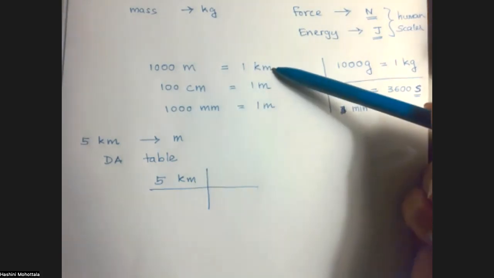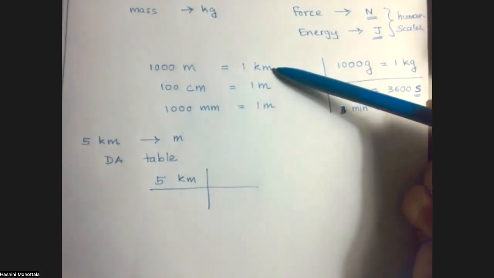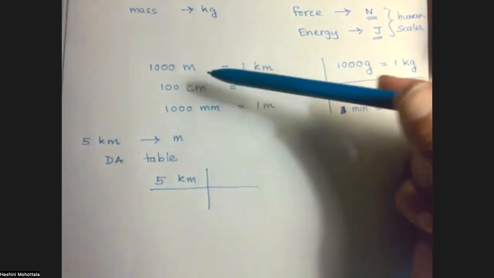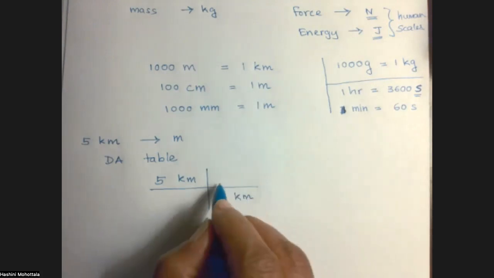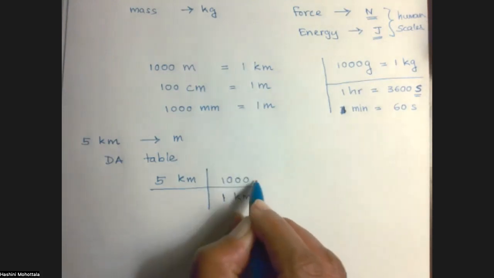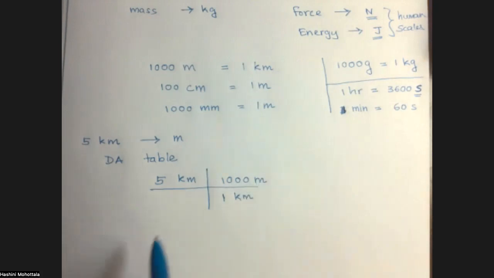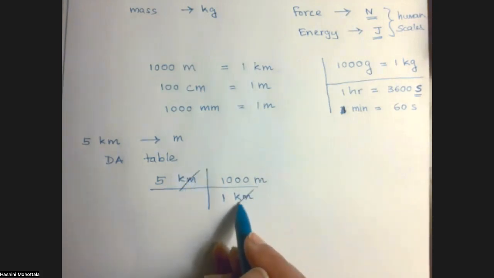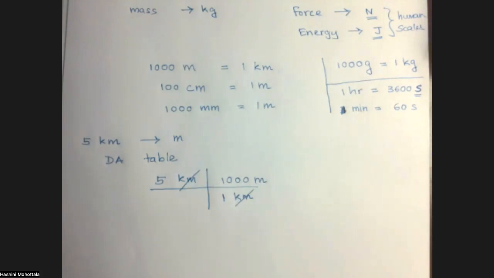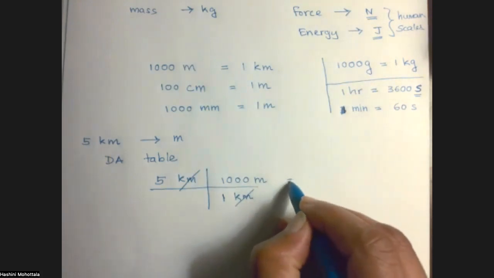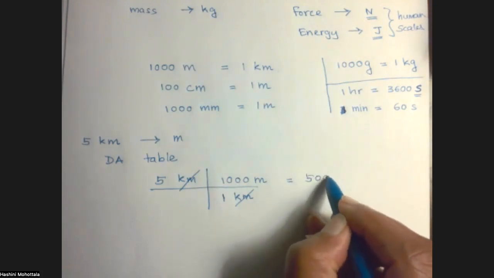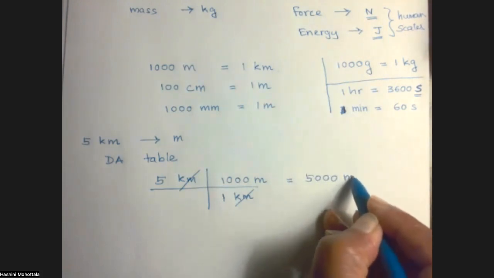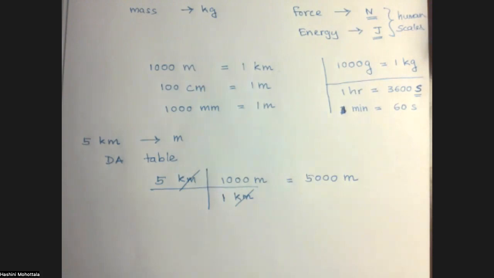We check the relationship between kilometers and meters, and here you can see 1 kilometer equals 1000 meters. I know some students in the class have not used this, and that's why I am showing it, so that everybody can see this. After that, you multiply the two, and there you have 5000 meters. That's the answer in meters.